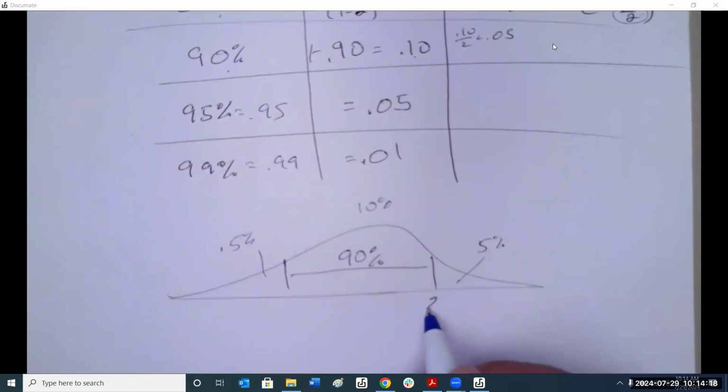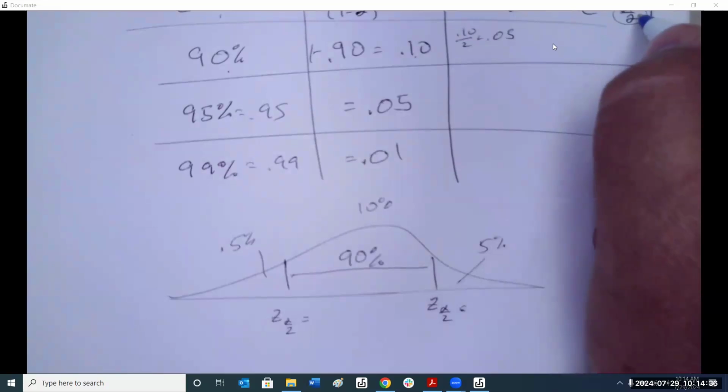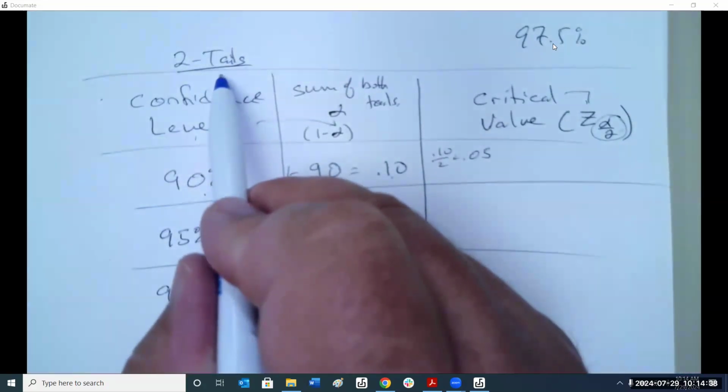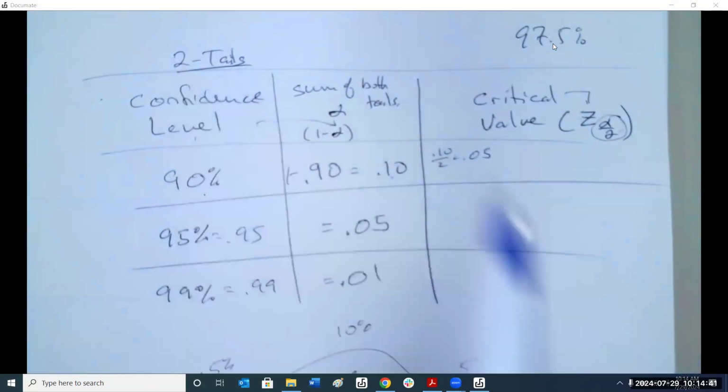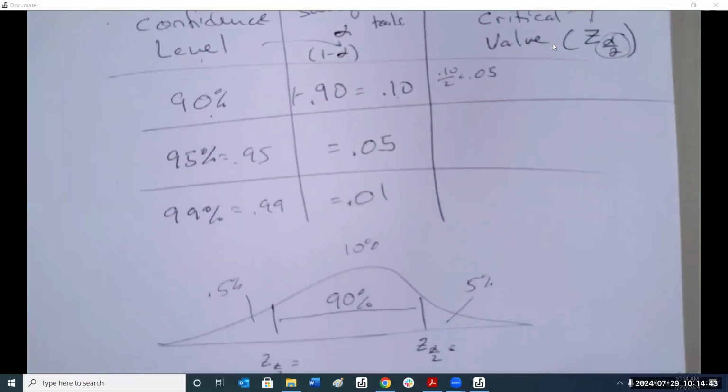What we want to know is the Z value of these two. Is it alpha over 2? Alpha over 2, because we have two tails. The alpha is the result we get from 1 minus the confidence level.